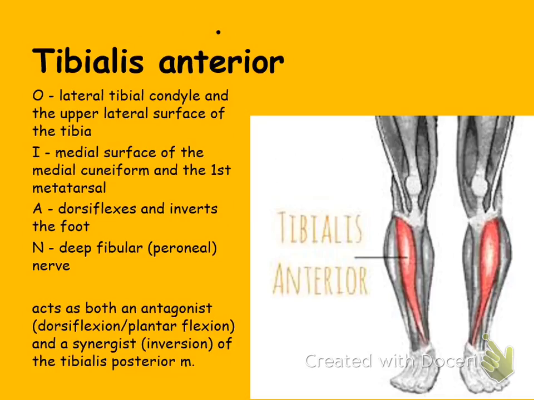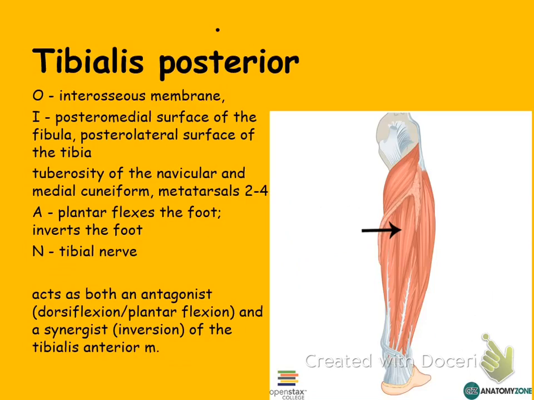Then we have the tibialis anterior, a muscle that goes right along the shin. You crack your shin, this is one that can be painful. Originates on the lateral tibial condyle and inserts on the medial surface of the cuneiform. Dorsiflexes, brings the foot up and inverts it, rotates it inward. To counteract that, we have to have the tibialis posterior, or posticus.